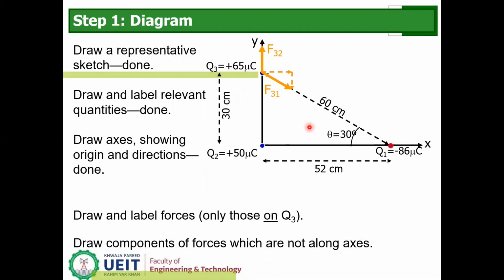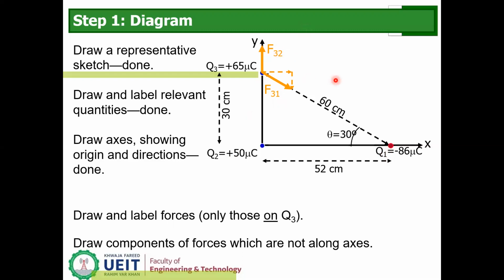So if we consider F31 is the force that point 3 exerts on Q1. F32 is the force that point 3 exerts on point Q2.